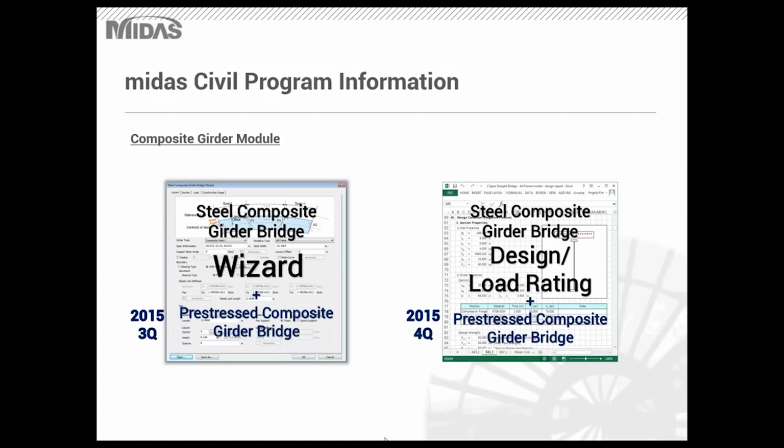The training session for the pre-stressed composite bridge case, similar to what I'll be doing today, will be held, I'm not exactly sure, but as the 4th or the 5th session in September.